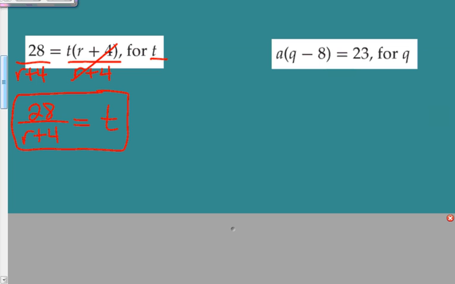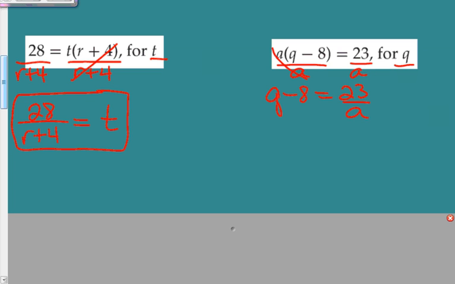Let's continue. Not the same thing, because we're solving for q this time. We have a times q minus 8. Let's get rid of our a first. Divide by a, divide by a. The a's simplify away, leaving q minus 8 equaling 23 over a.